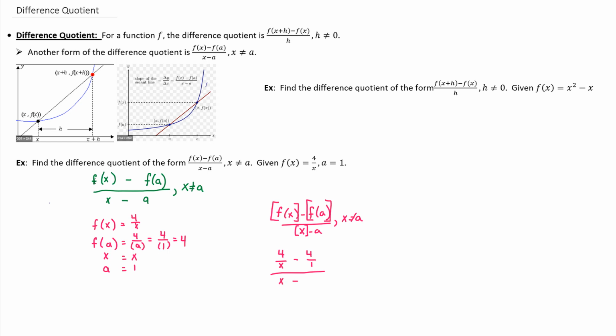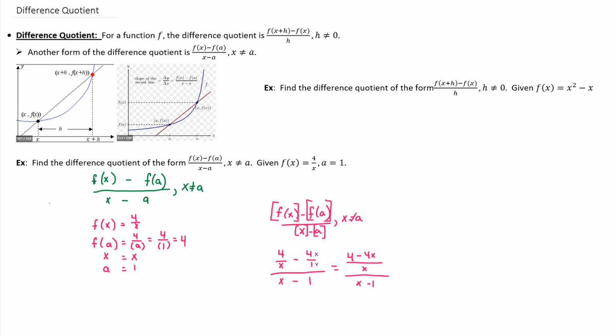Minus the a piece, which they tell you is 1. So in the numerator we need a common denominator, so I'm going to multiply my second fraction by x in the denominator as well as the numerator to get that common factor of x. And so if I do that, I have 4 minus 4x divided by the common denominator of x, all over x minus 1.